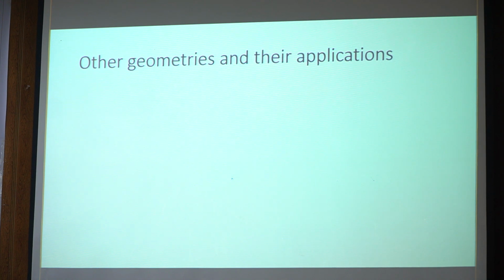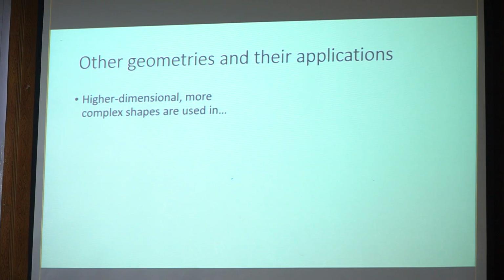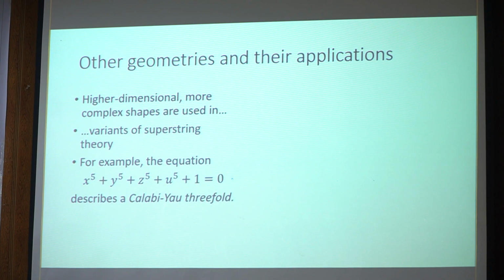Okay, so I want to give you some other ideas of bigger spaces. So higher dimensional, more complex spaces are, for example, used in variants of superstring theories. So this is one idea of theoretical physics, unification theories, somewhat related to Professor Nakajima's talk yesterday. And so, for example, if I just take the same kind of equation, but I add 1 more variable and increase the degree to 5, then this is what's called a Calabi-Yau threefold.